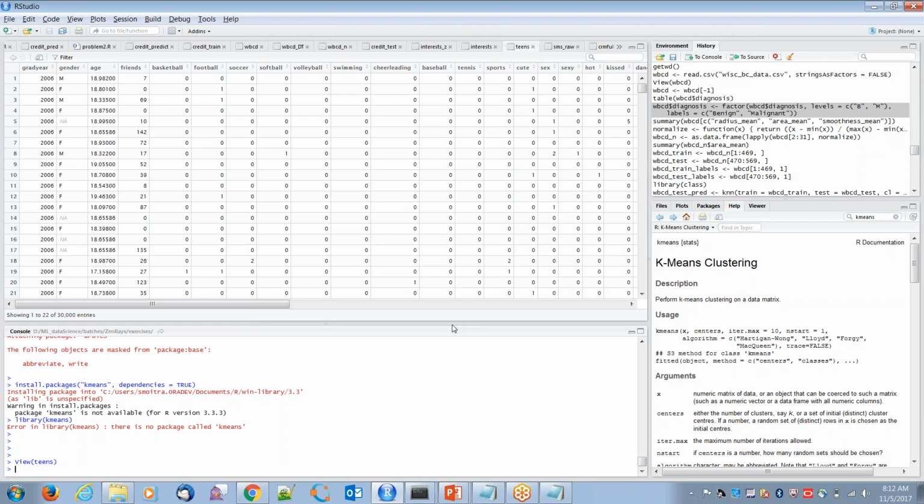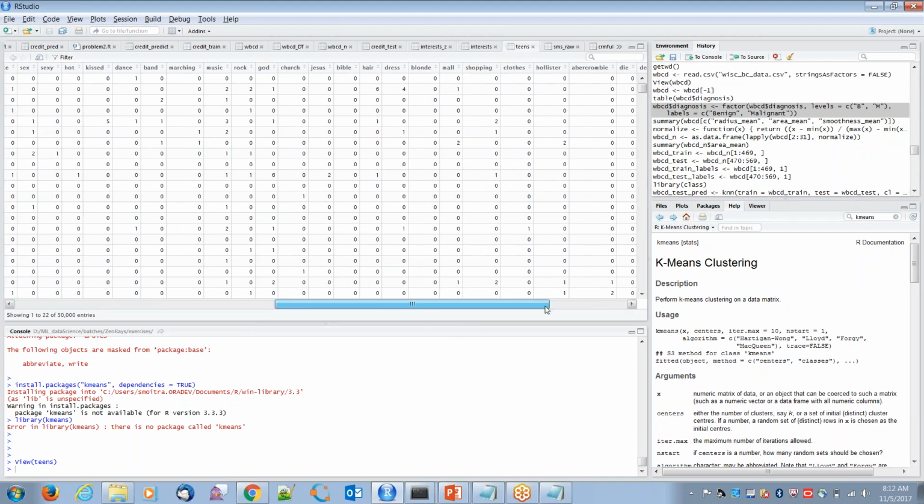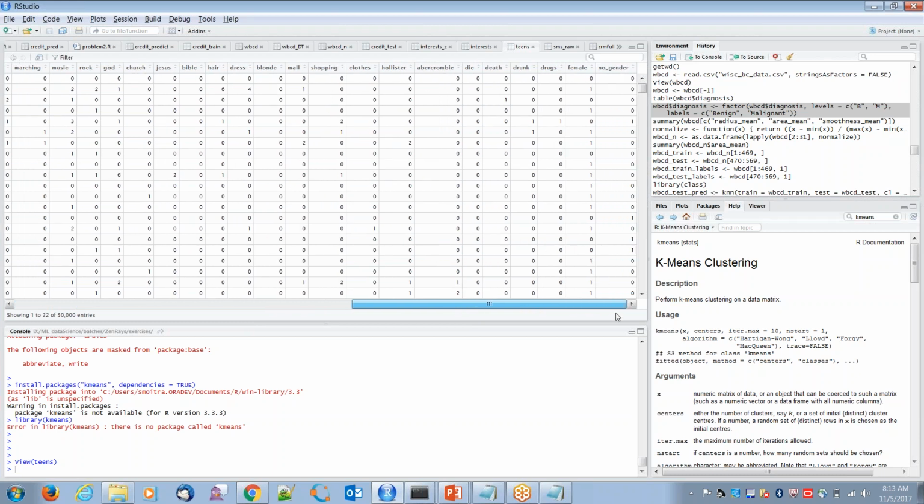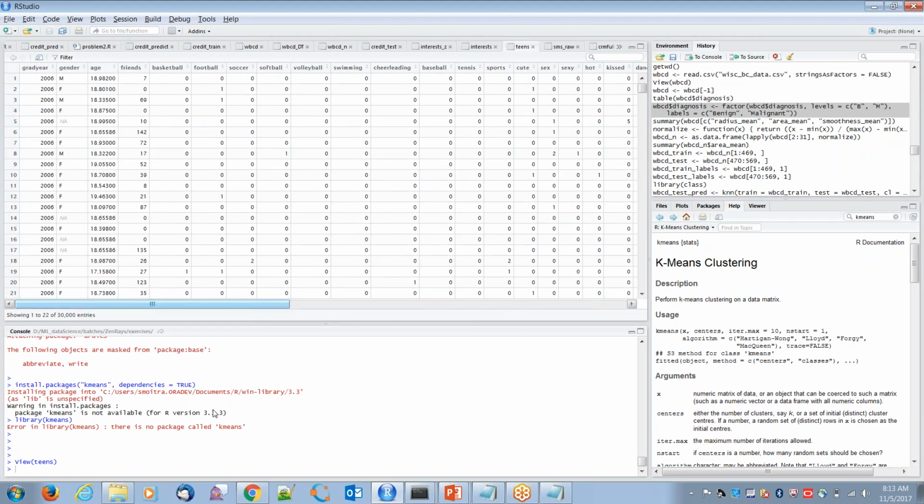Nike has the social media data of teenagers, and some keywords like basketball, football, cute, hot, tennis, cheerleading, swimming, and then religion, church, clothes, shopping, all this. So Nike has these keywords, and it wants to target only those teenagers which it thinks are interested in sports.